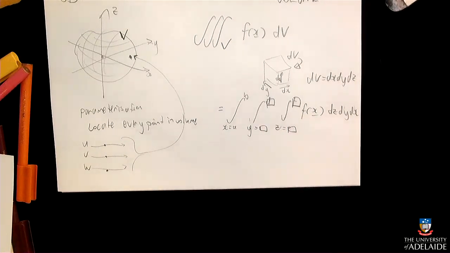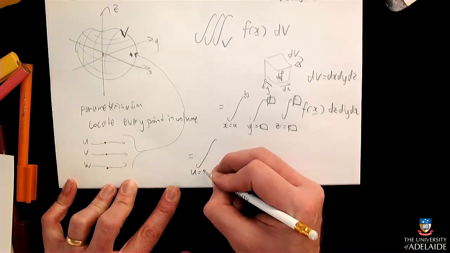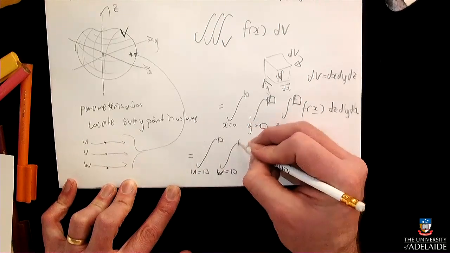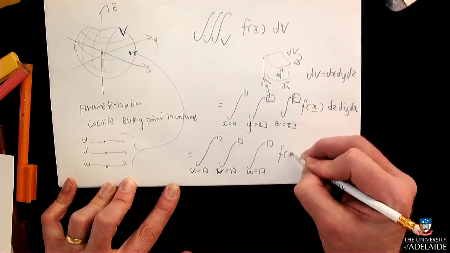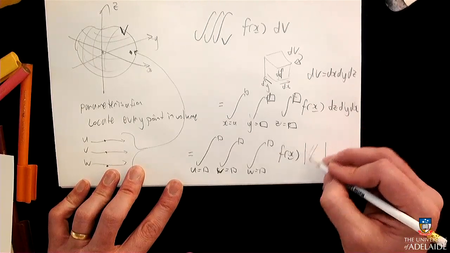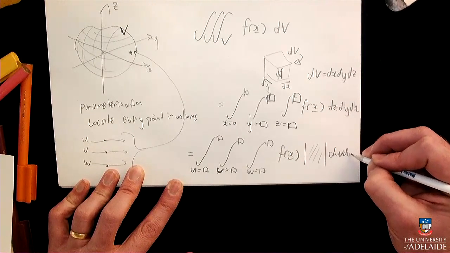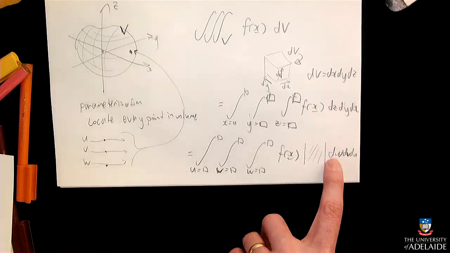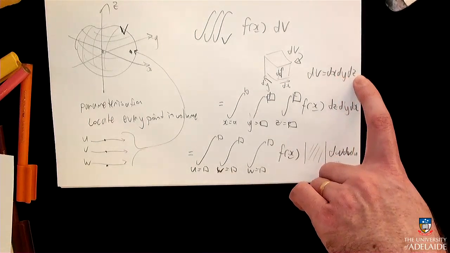But if I had to use a parameterization, then it would have been like u goes from somewhere to somewhere, v goes from somewhere to somewhere, w goes from somewhere to somewhere, f of x with the u, v and w subbed in, and there will be a thing here to describe how the three changes of dw, dv, du are related to the three changes of dx, dy, dz.